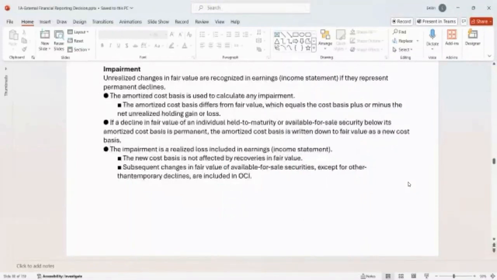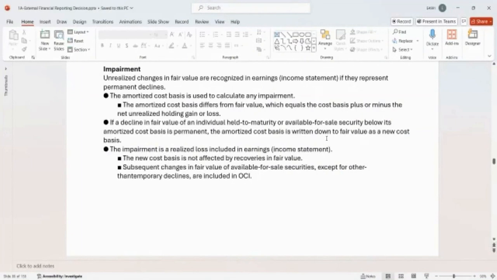So now we will come to impairment. Unrealized changes in fair value are recognized in earnings, the income statement, if they represent permanent declines. The amortized cost basis is used to calculate any impairment. The amortized cost basis differs from fair value, which equals the cost basis plus or minus the net unrealized holding gain or loss.